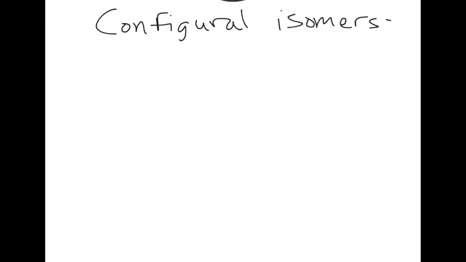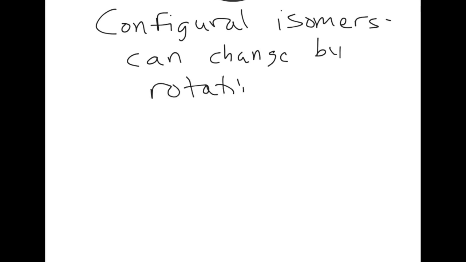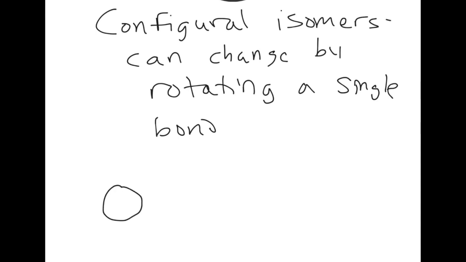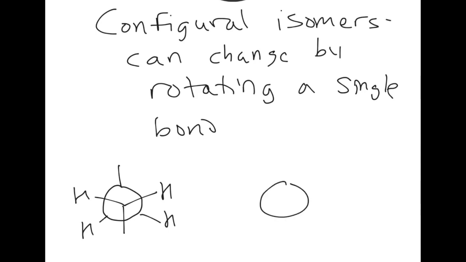So conformational isomers can change by rotating a single bond. Think about Newman projections, right? This, and then this.